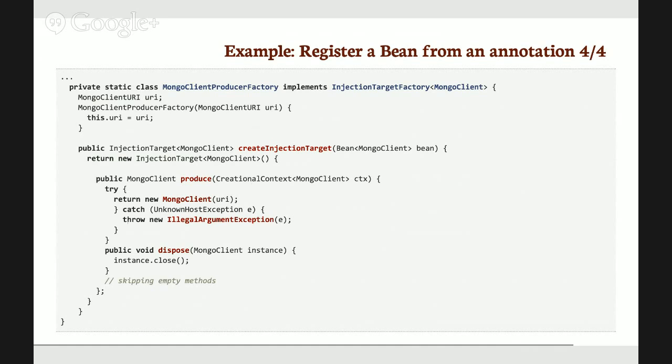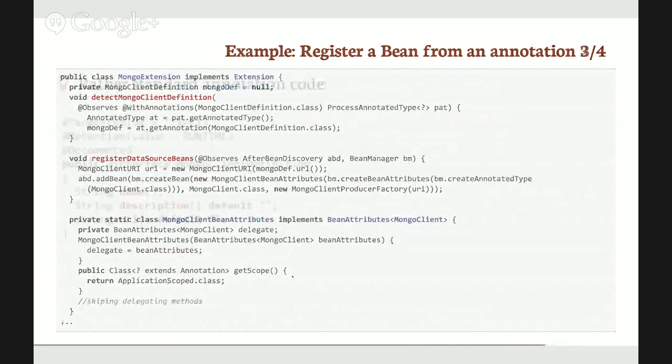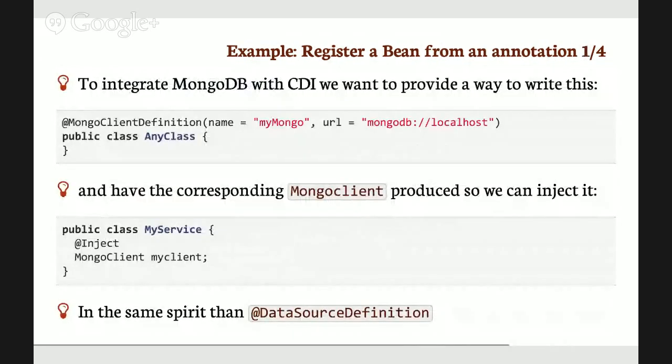We return the new Mongo client as the instance of the bean. And we also implement the dispose method to close the instance when the bean is destroyed. That's it. We have a way with this extension to create a bean and inject it from this annotation.